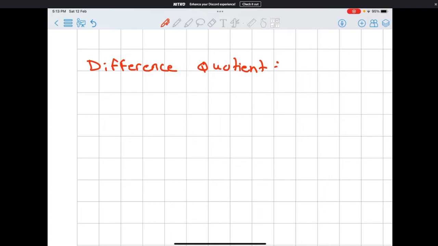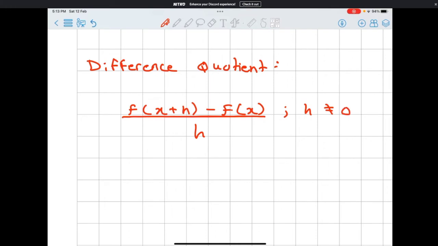The formula says that f of x plus h minus f of x all over h. And h cannot equal 0 naturally, because h is the denominator and we can't have that equal to 0.